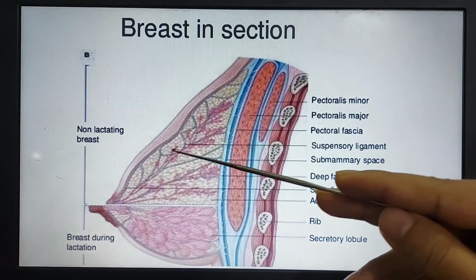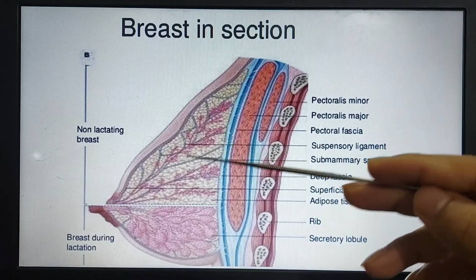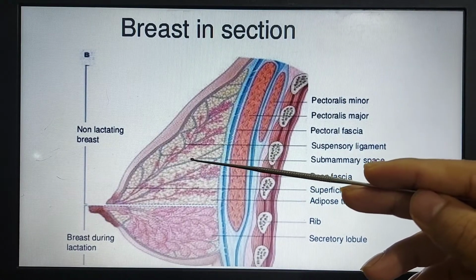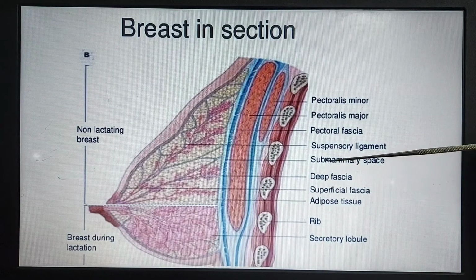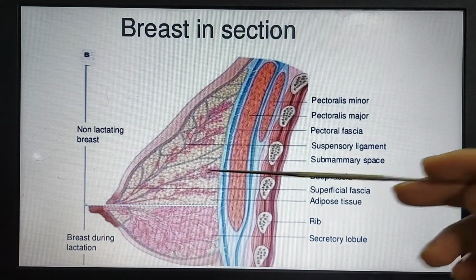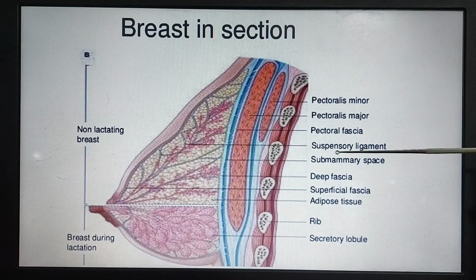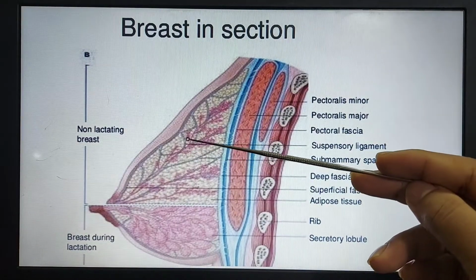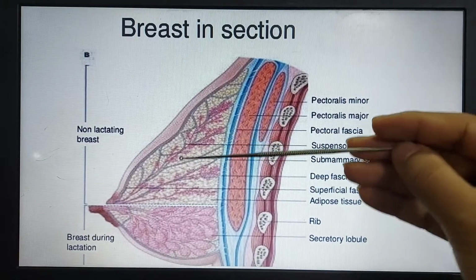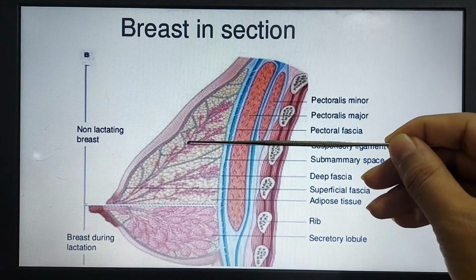These septa, or ligaments, hold the breast in position, and for this reason they are known as the suspensory ligament of the breast, or, according to the name of Cooper, Cooper's ligament.